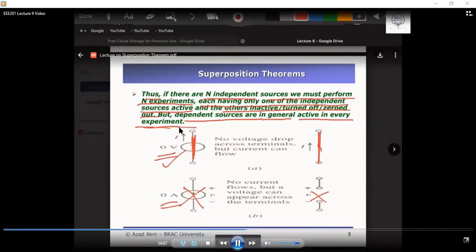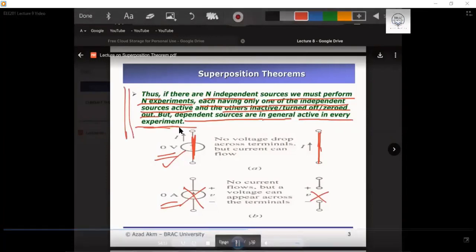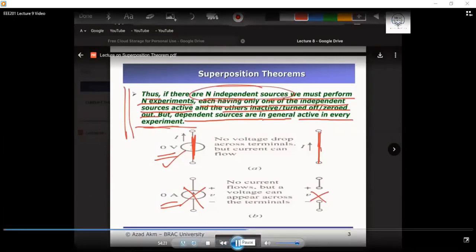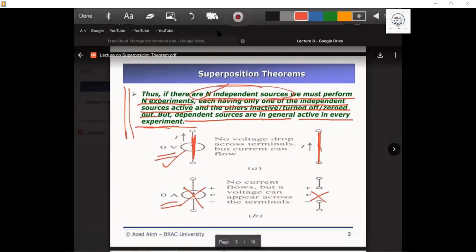I will show you one problem later on. Now I am going to explain this statement. If there are n independent sources, in the last example we had, can you tell me what is the value of n? Anybody? Open live class, raise your hand if you can answer. In our last experiment, how many independent sources were there? N value is what?